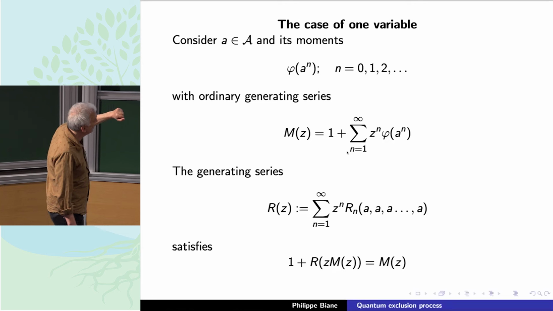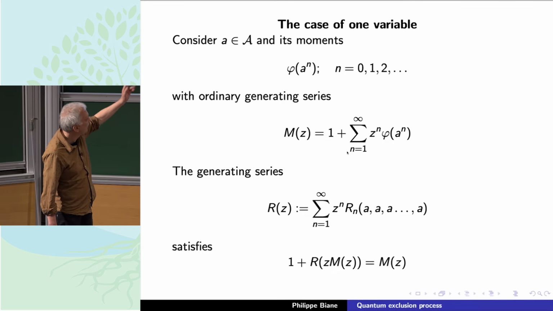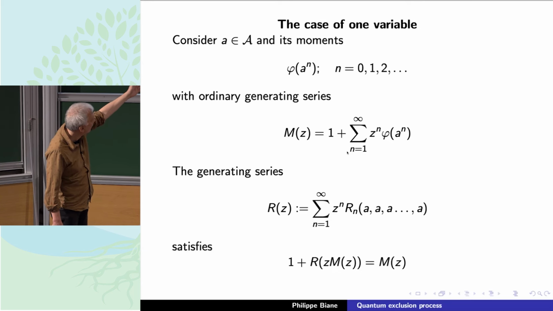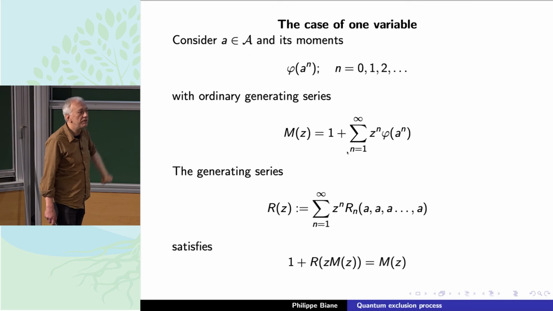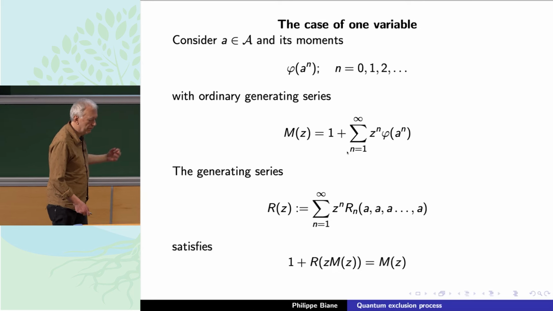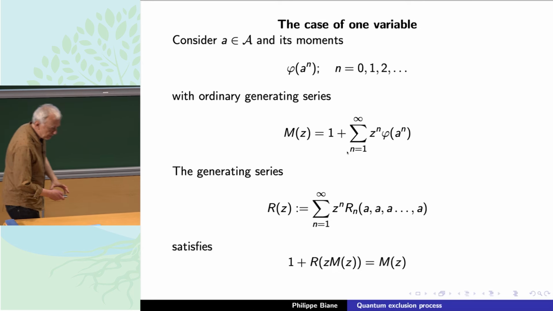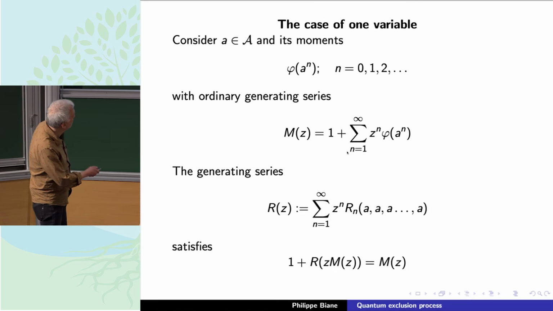In the case of classical cumulants we had the logarithm of the Laplace transform, but here we have this function R, which is obtained by inverting some power series. So in particular, we can express Rn of A, A, ..., A in terms of the moments by some polynomial formulas, and we already knew that.